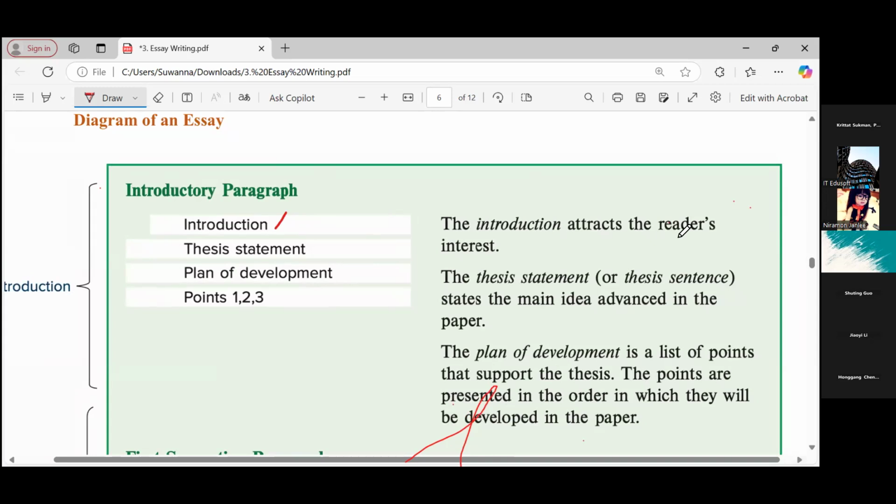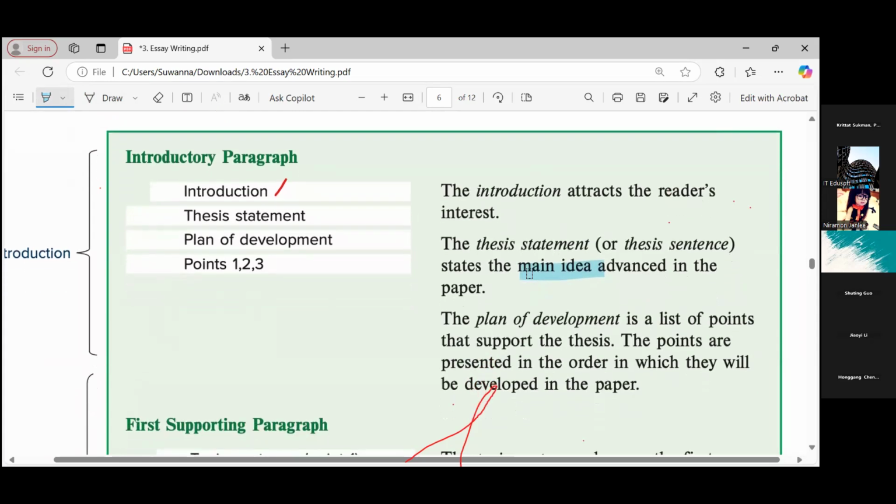It's like the starter, followed by the main course, if you have dinner. And then your thesis statement should follow, meaning your main idea or the central idea of your entire paper. And also, you should support it with the plan of development, which lists some points that support your thesis, yeah?